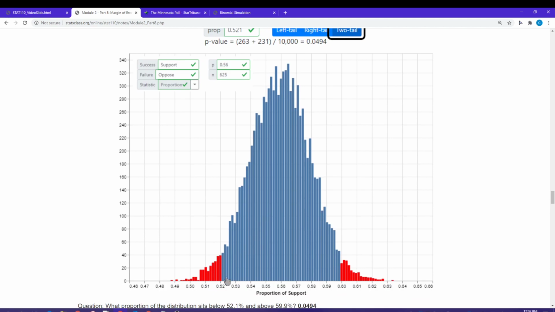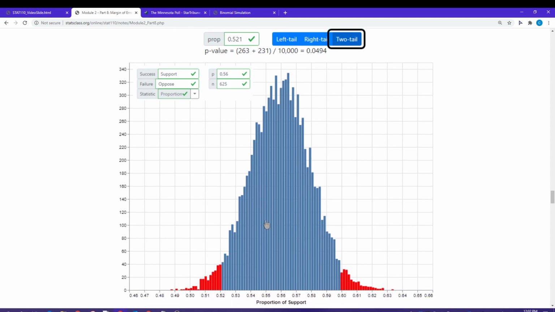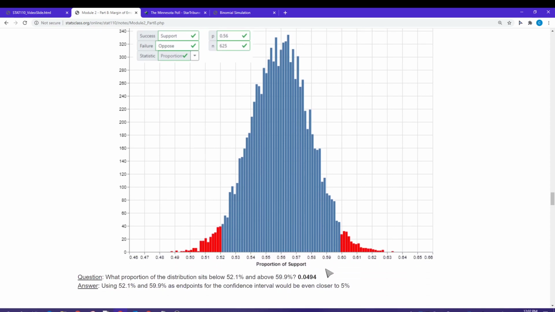So a reasonable cutoff looks like it's 0.521 for the lower side, and then the corresponding value on the upper side, which is going to be 0.599, I believe.